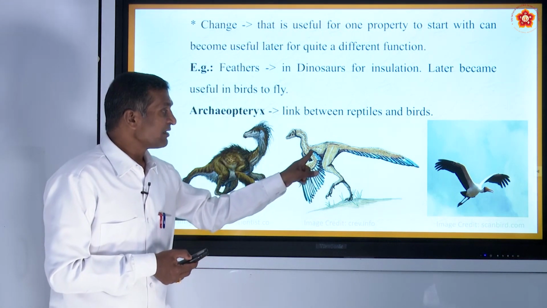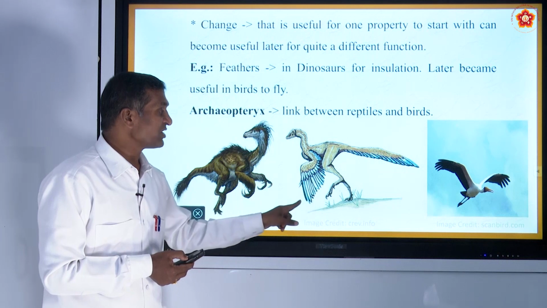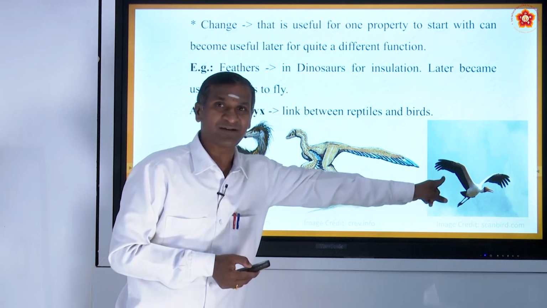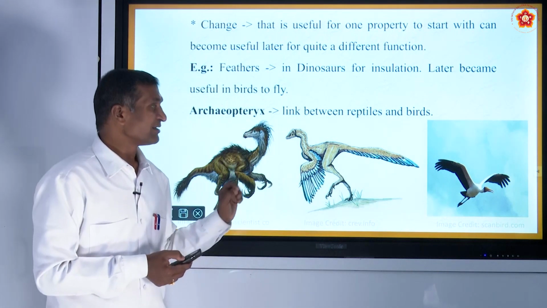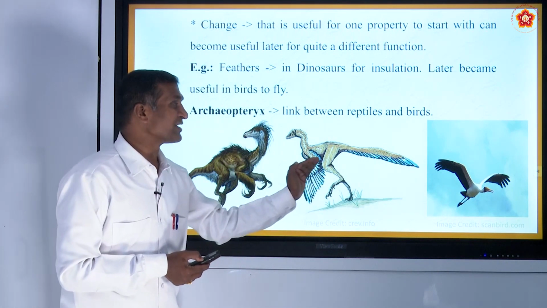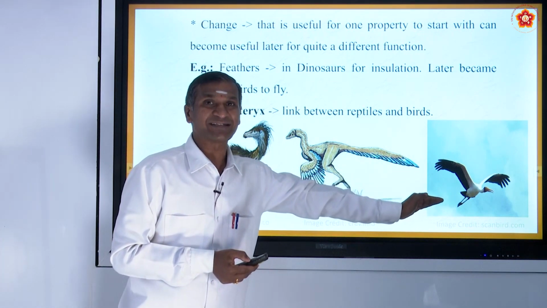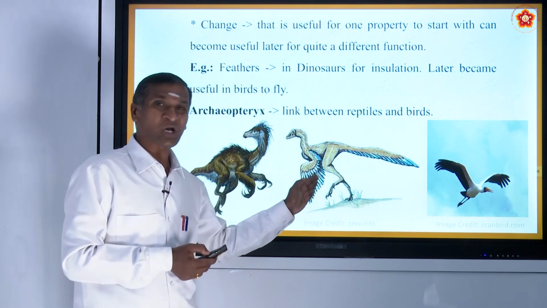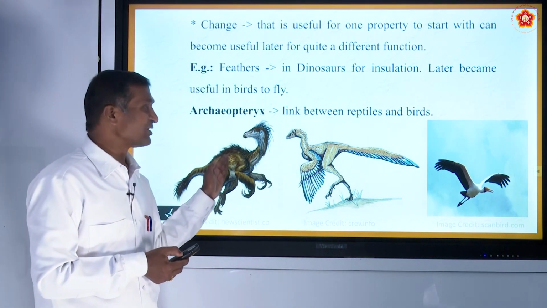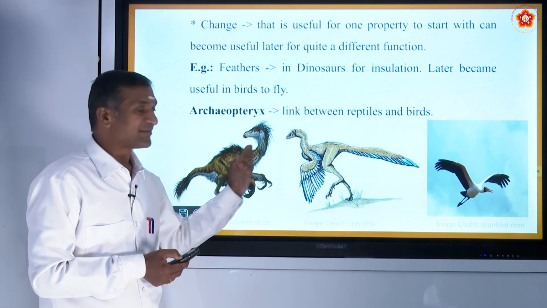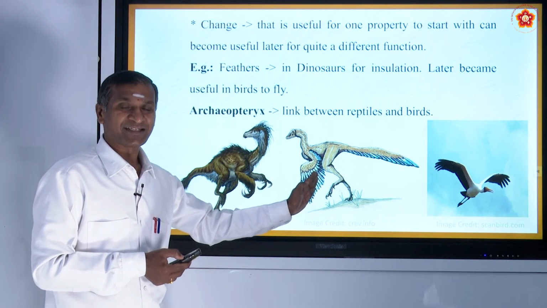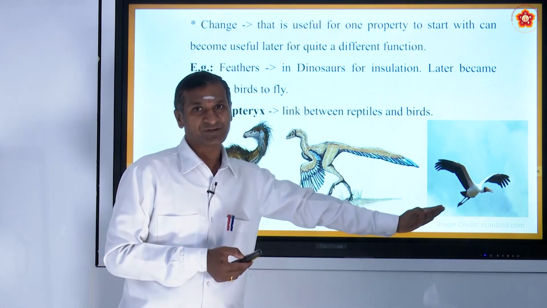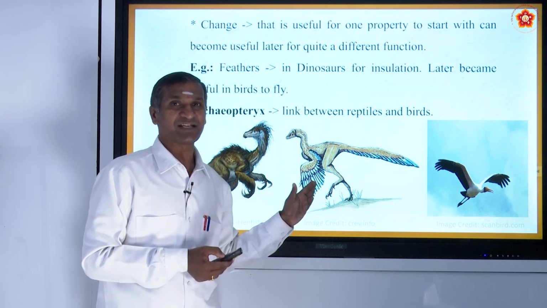Here you can see the feathers arranged in the form of a wing, which is closely associated with the wing of the bird. So they tell that in a slow process birds existed after this Archaeopteryx, and before it there were dinosaurs, the reptiles. Hence the Archaeopteryx is a link between reptiles and birds.